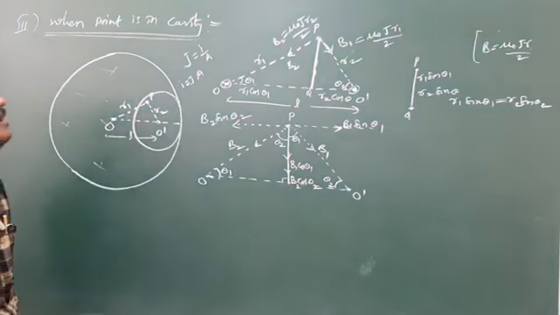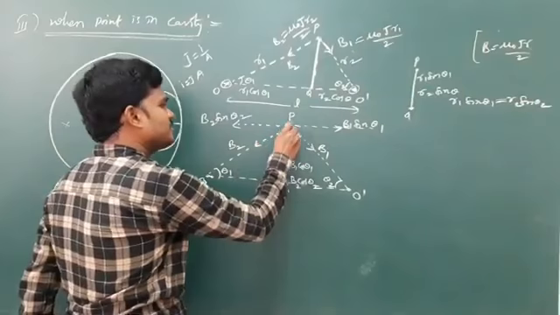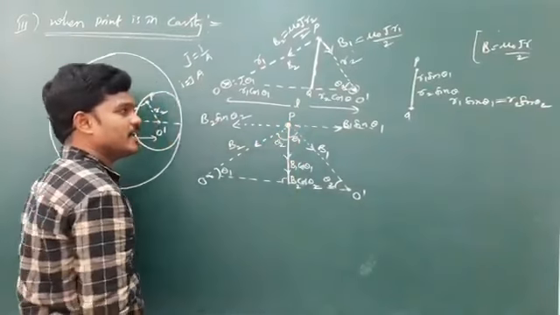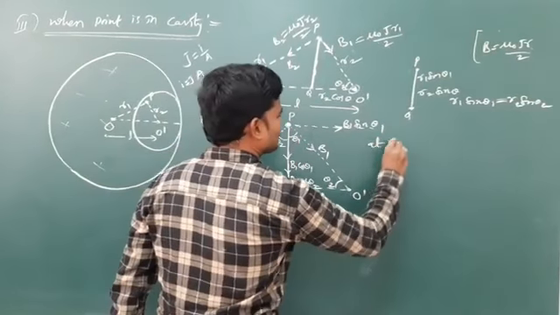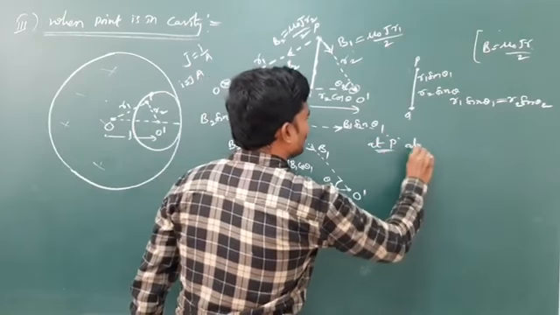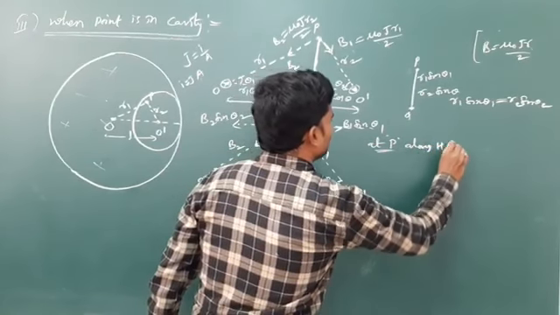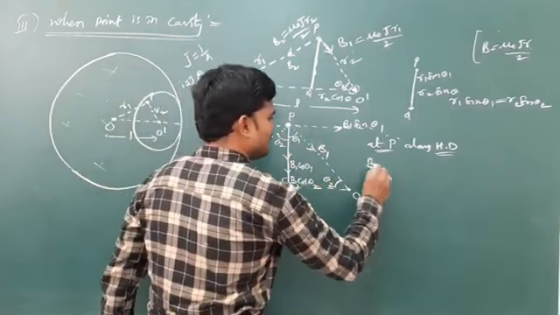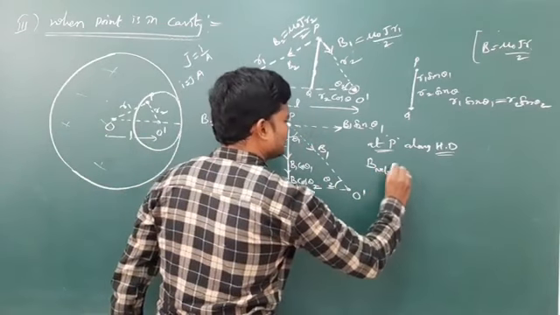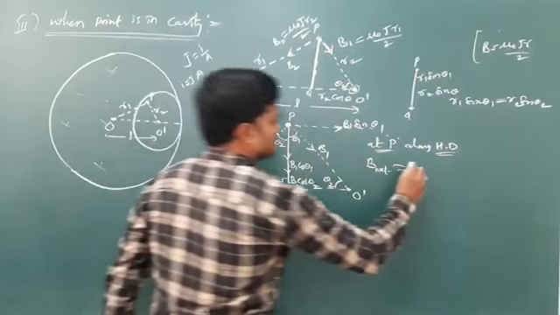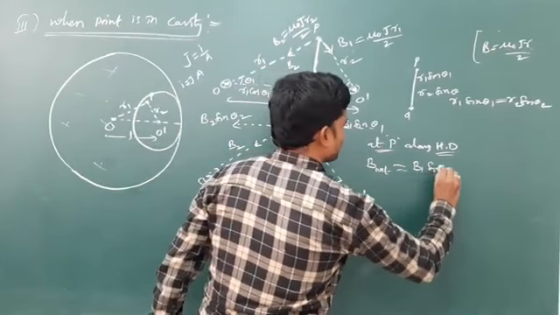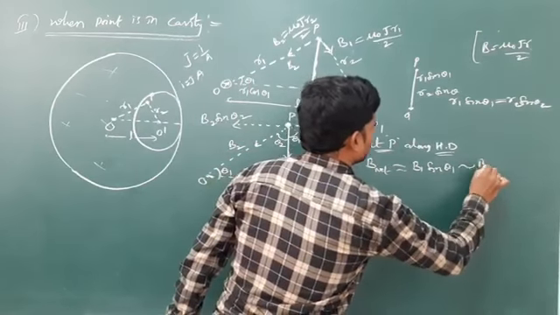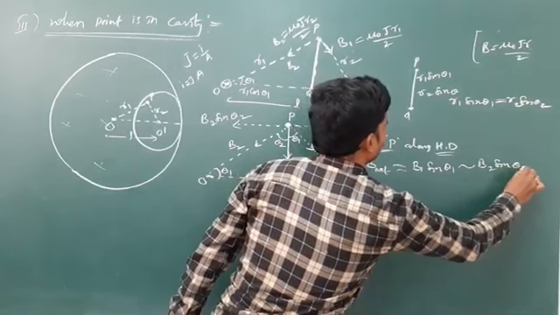So I got B1 and B2 at point P. The target is to find the net field. At P along the horizontal direction, the net field is B1 sin theta 1 minus B2 sin theta 2.